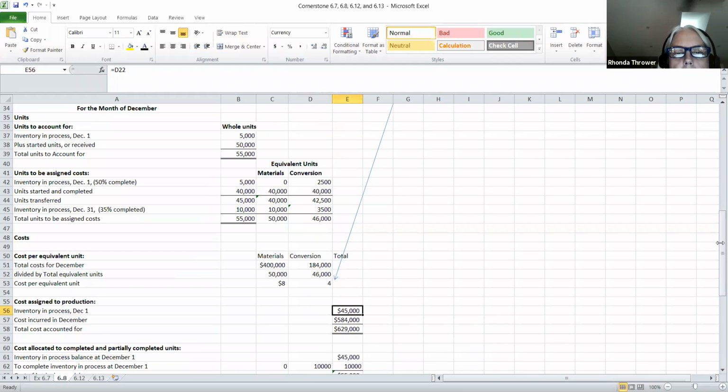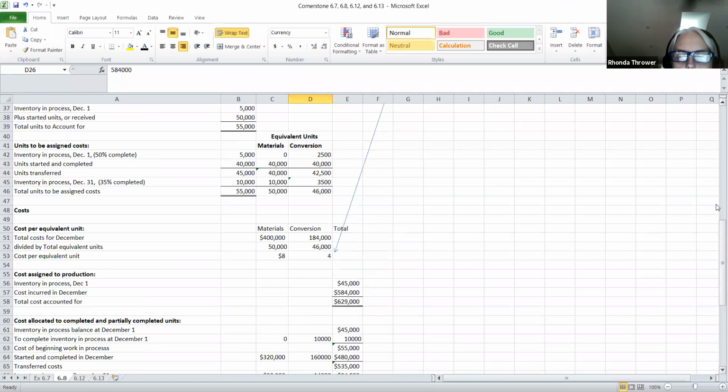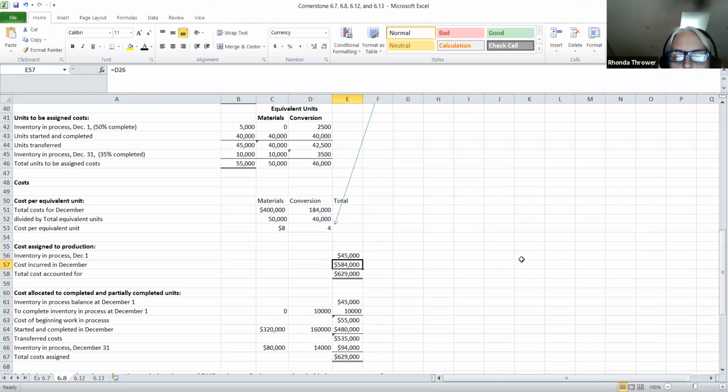So I'm going to go back up to the given information, and the amount that you have incurred during the month of December is 584,000. That was your materials, your labor, and your overhead combined, 584,000. And that's what goes here.